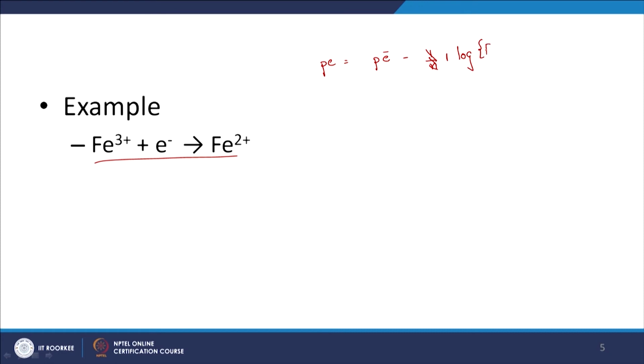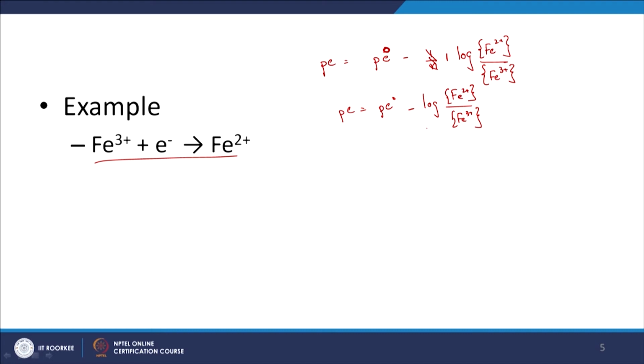So, the activity of Fe2 plus, which is the reduced form, by the activity of Fe3 plus. So, Pe is equal to Pe naught minus log activity of Fe2 plus by activity of Fe3 plus.